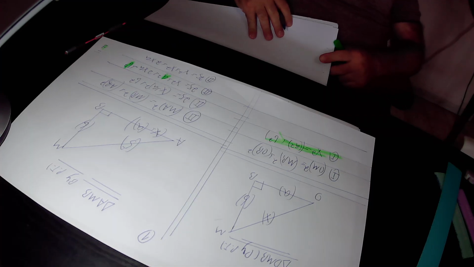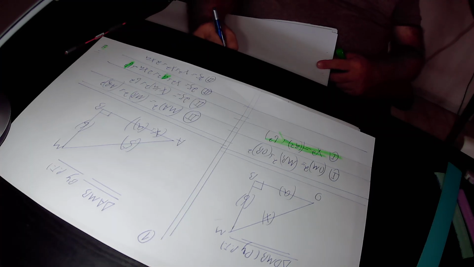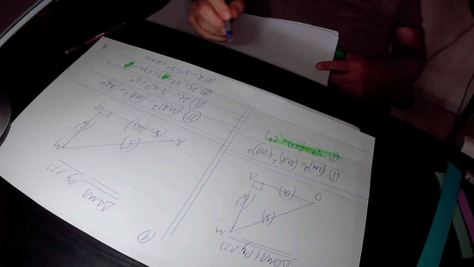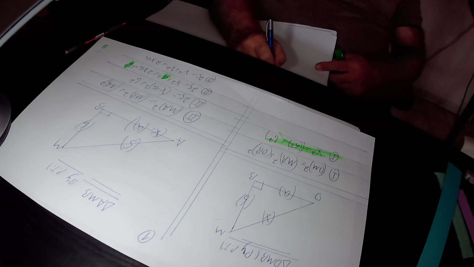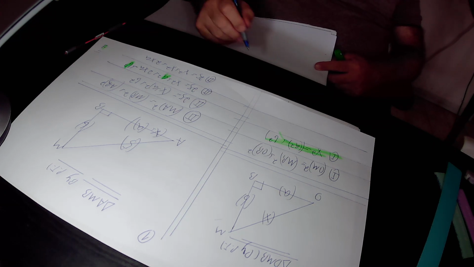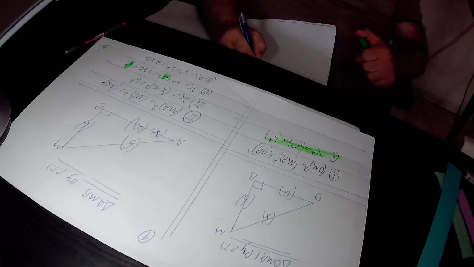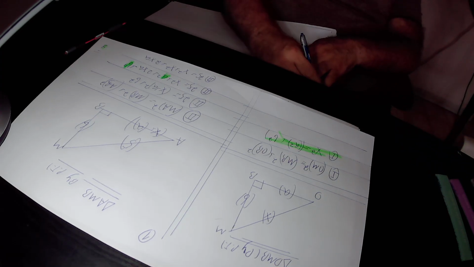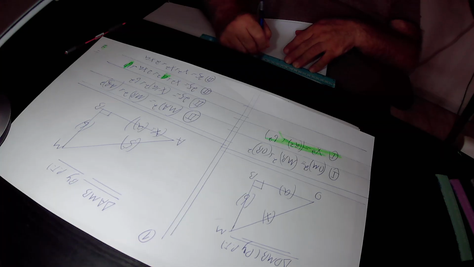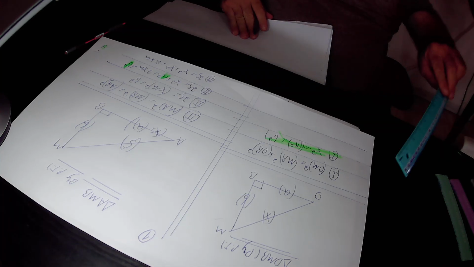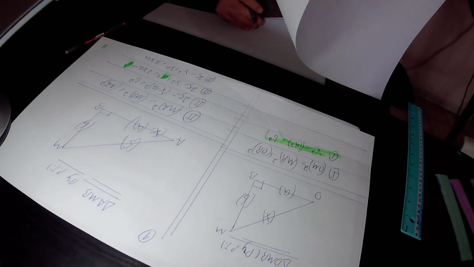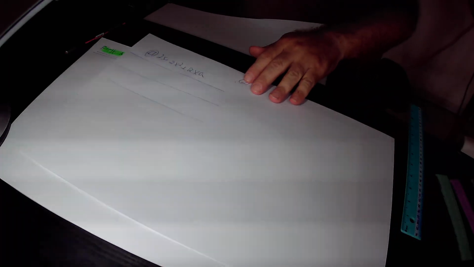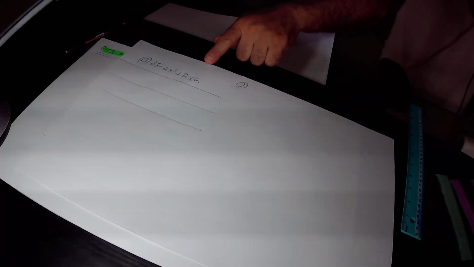So in total, according to equation 2, we found out that 25 equals x squared plus x squared, which is 2x squared, plus 2xa.